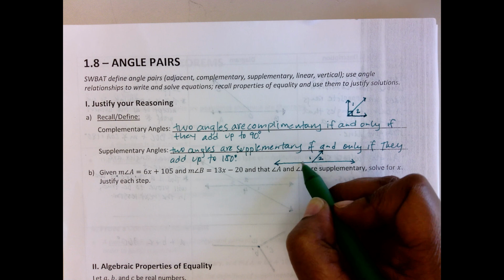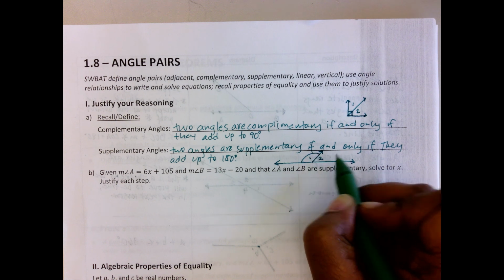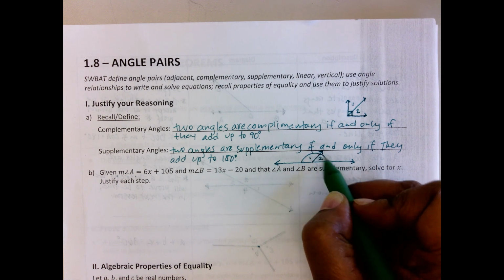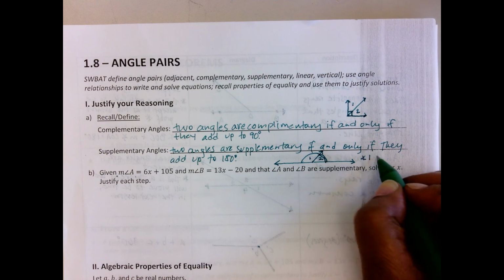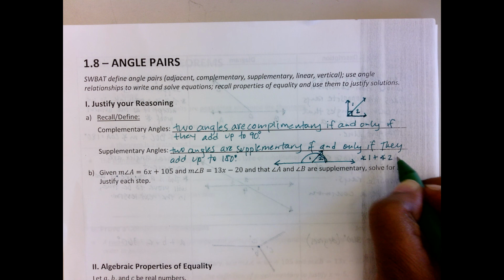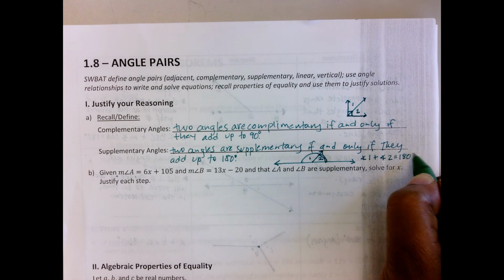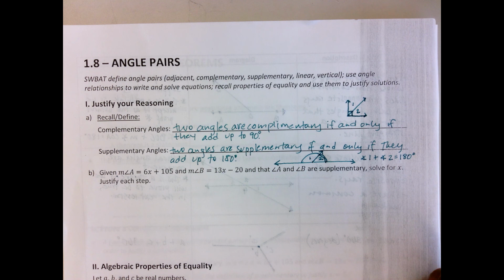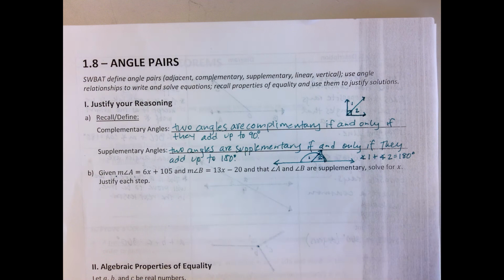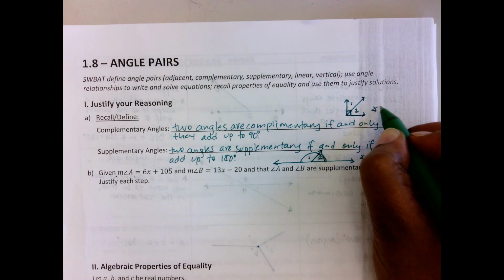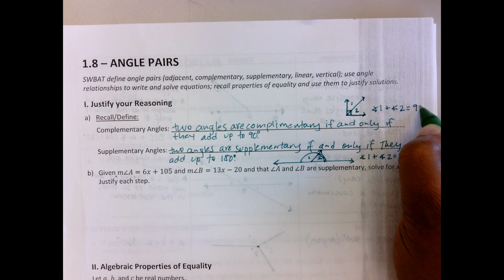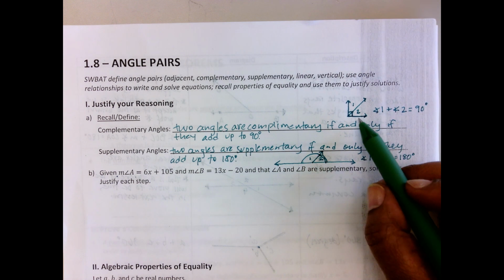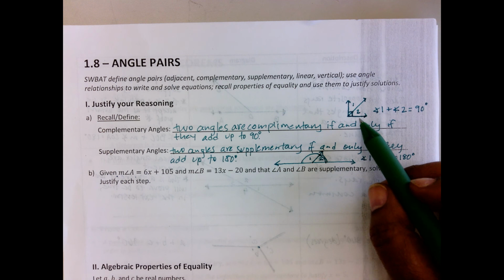If I add up this angle plus this angle, angle 1 plus angle 2 equal 180. And that's what would make it supplementary. Just like in this case here, if I added up angle 1 plus angle 2, and it gave me 90 degrees, that makes it a set of complementary angles.